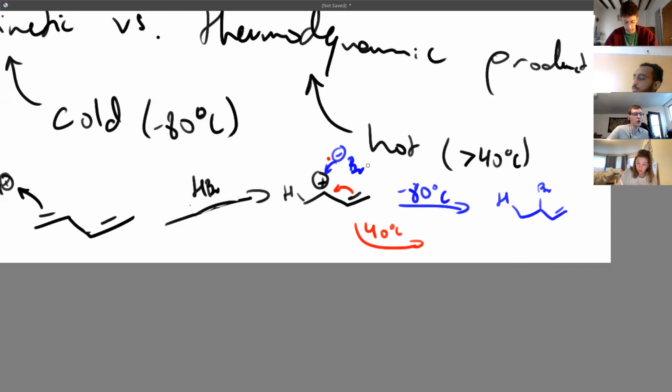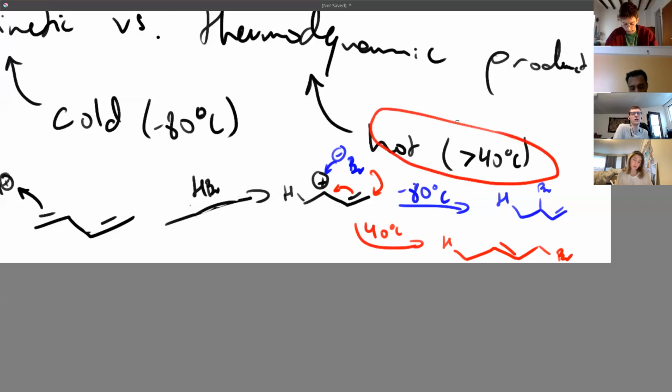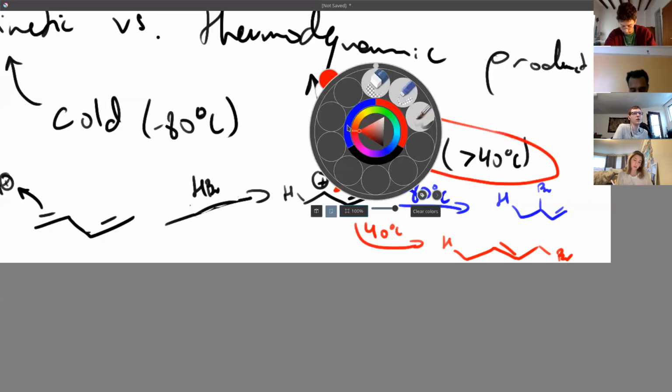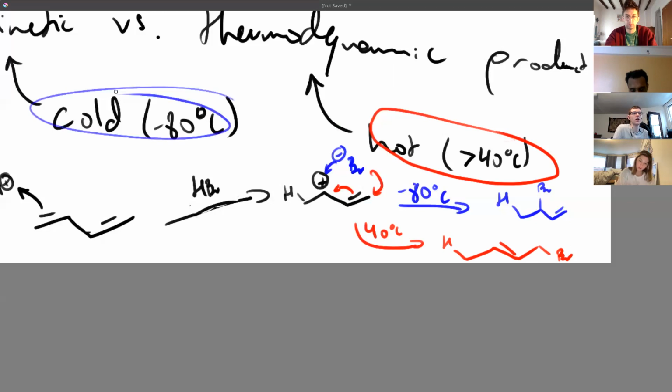And so instead, this bromine is going to come in and attack on the end. That whole double bond will have shifted, and you'll get the bromine on the end. And so this is the thermodynamic product, and the kinetic product is in blue.